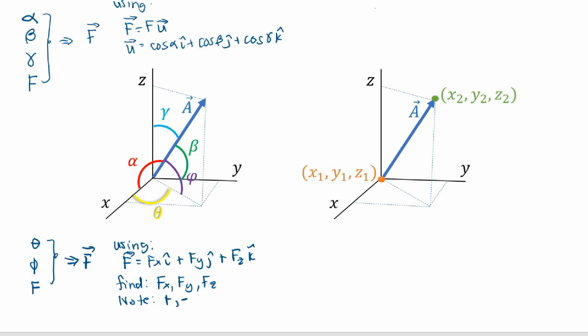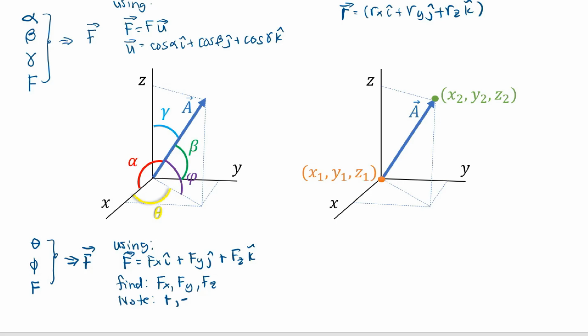The position vector, R, is equal to Rx i hat plus Ry j hat plus Rz k hat. So that is our position vector. To get Rx, all you have to do is subtract x2 minus x1.